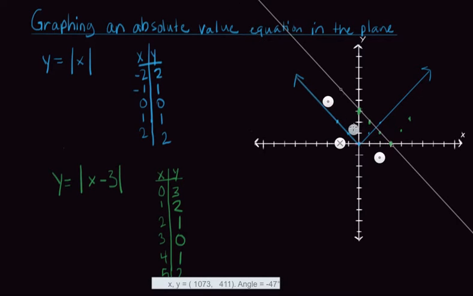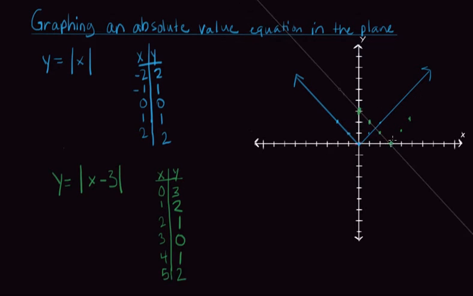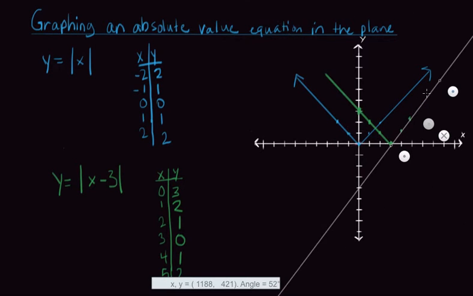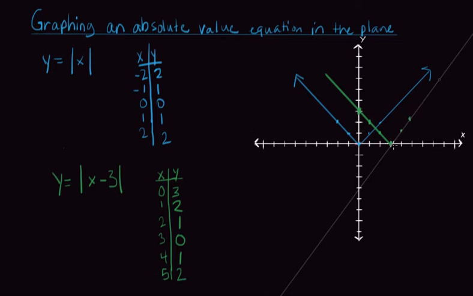So let's go ahead and draw this one. So this is the V shape that we're starting to make. And this absolute value equation is moved over from the original blue one. It's moved over to the right 3.